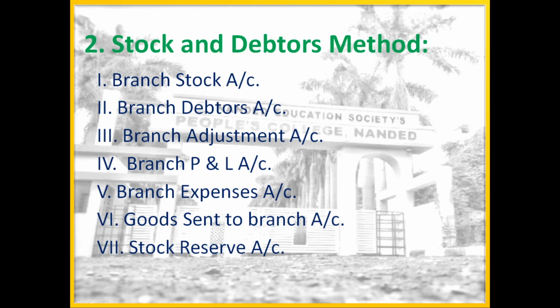Number 4, branch profit and loss account. To ascertain the net profit or net loss, it is prepared.